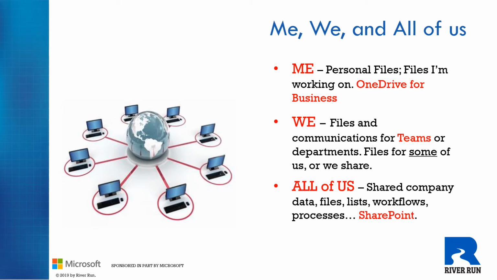If you're working in a team environment or in a department environment where we're sharing certain files or working on certain files as a team, then perhaps storing them inside of your team makes a lot more sense. That's sort of the we of me, we, and all of us. And speaking of all of us, when you have documents or lists or data, processes, and so forth that you want to share with your entire company, this is a good place for SharePoint.